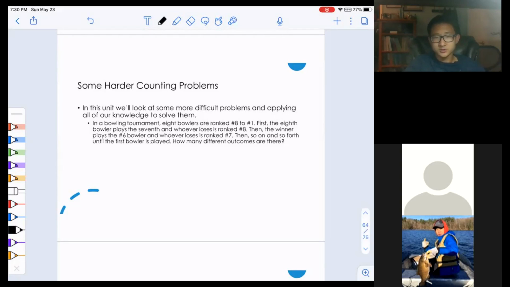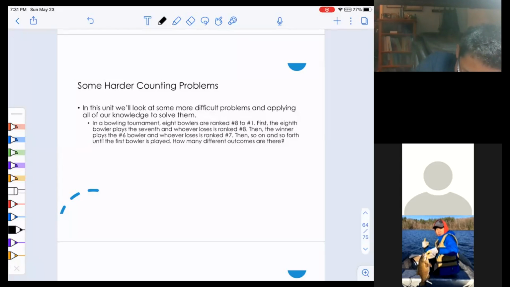Well, at first this might seem hard, but then you realize that there are only 2 possibilities for each place. So if you have place number 8, you have the number 7 and number 8 who are playing each other, and whoever gets the lowest score gets number 8. So there's 2 possibilities for each place, since 2 people are playing a match and the loser gets that place.